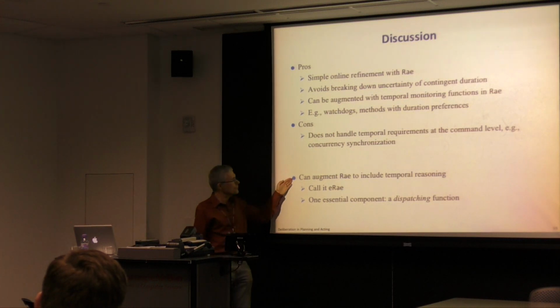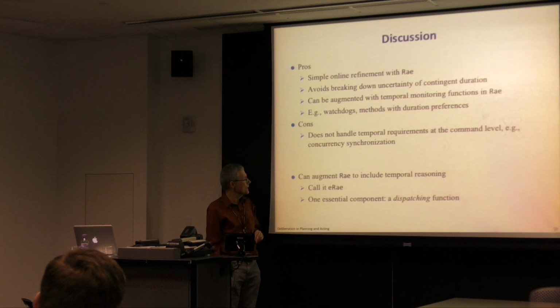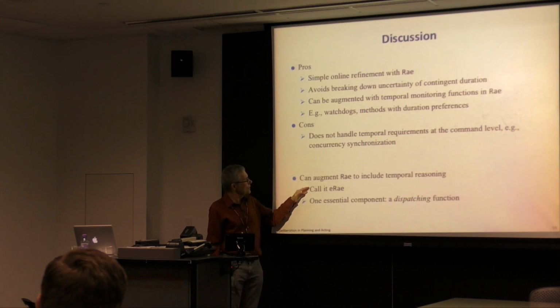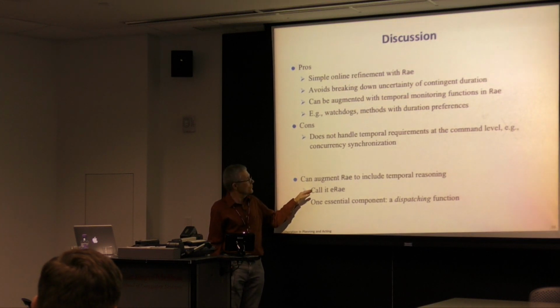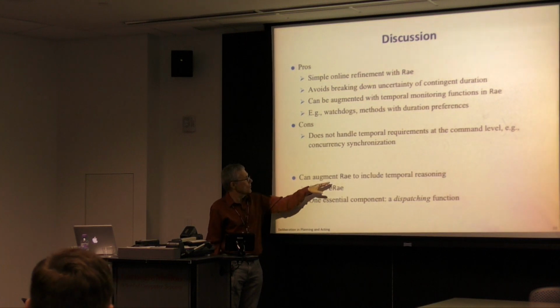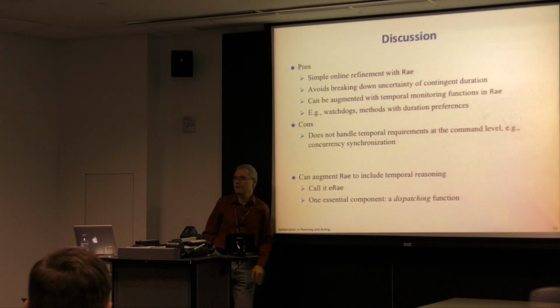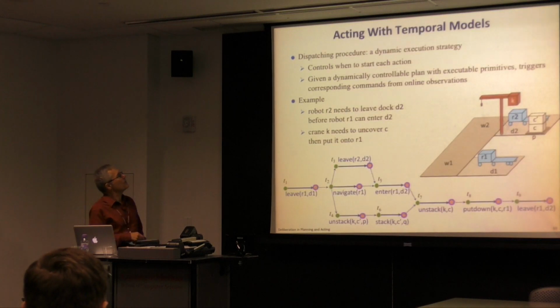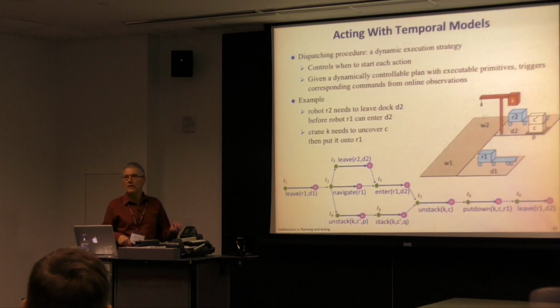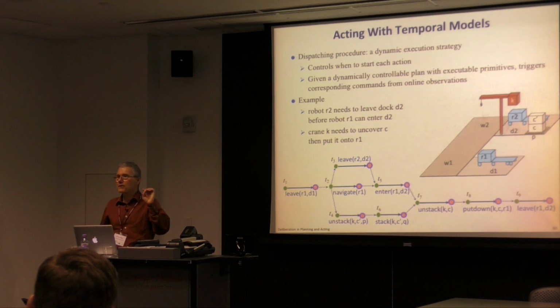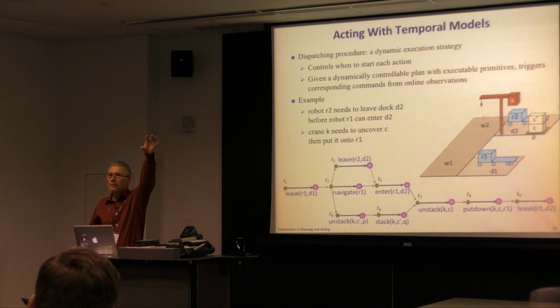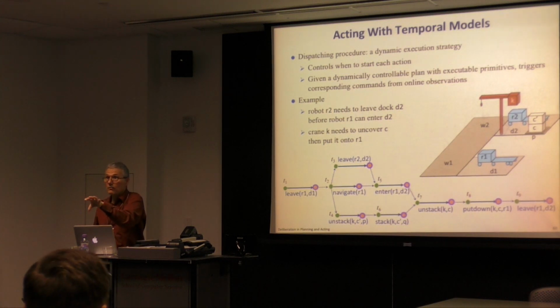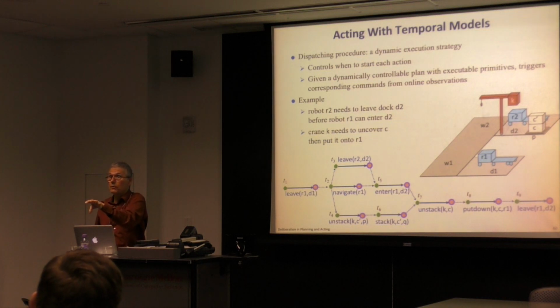You can augment Ray to include temporal reasoning. We can do that and call it E-Ray. One essential component of that, which I'm going to say a little bit about, is a dispatching function. Basically, what this amounts to is taking that same notion of dynamic controllability and propagating it down into Ray, so that Ray can reason about some of the temporal constraints.